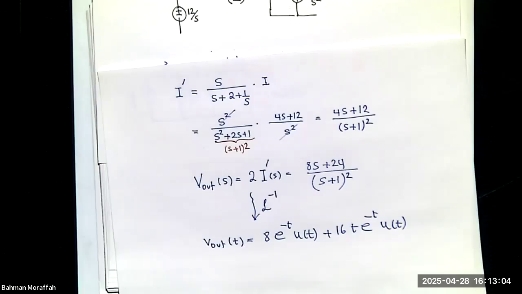And remember, this initial condition is the one that is continuous. If it's inductor, I know current through inductor is continuous. So it depends on I through inductor at time 0. Or if it's a capacitor, I know voltage across the capacitor is continuous. Therefore, this voltage source depends on the voltage across the capacitor at time 0. As soon as I know how to go from time domain to the S domain for every single element I have, the rest is just very simple.